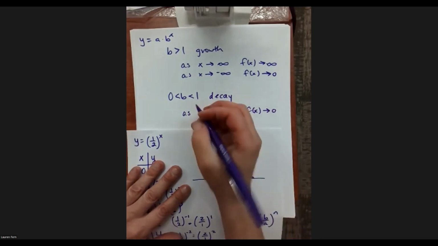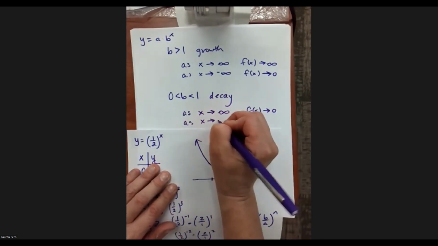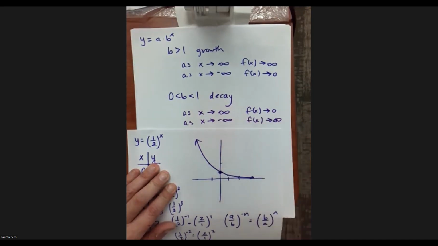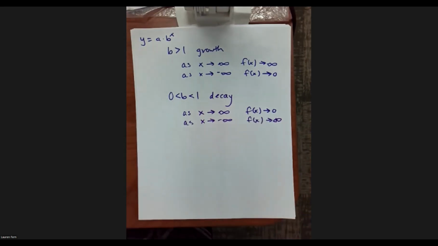And as x goes to negative infinity, our function values are shooting up to positive infinity. Y'all with me? It actually might only take us today to go through these.